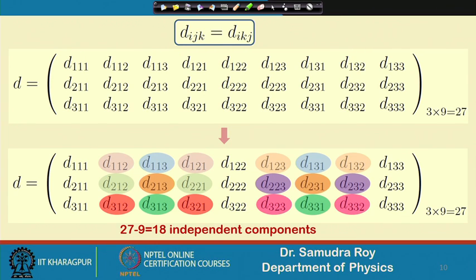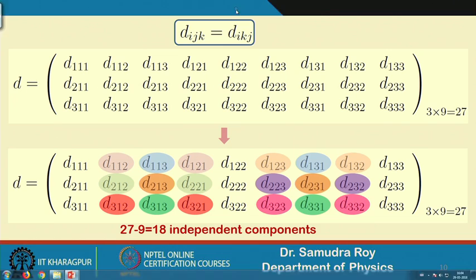Well, here we can see the D matrix has 27 different elements at first, but we have this condition in our hand, due to the permutation symmetry: d_ijk is d_ikj.